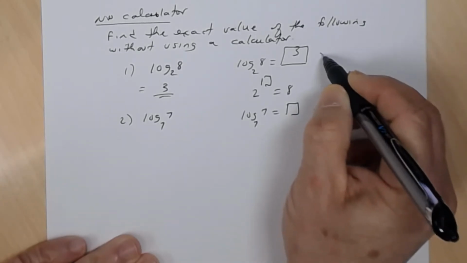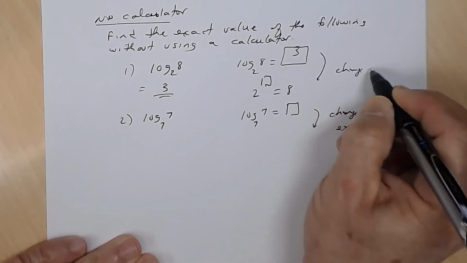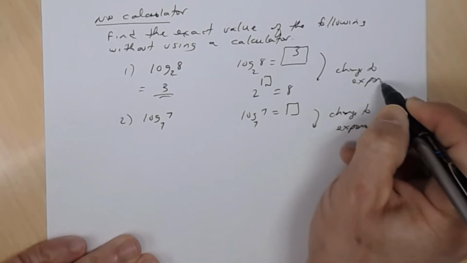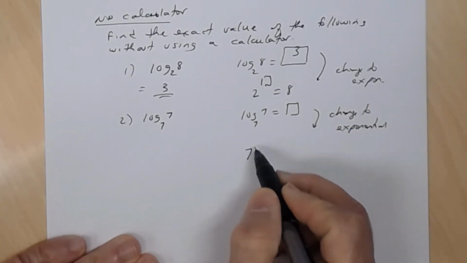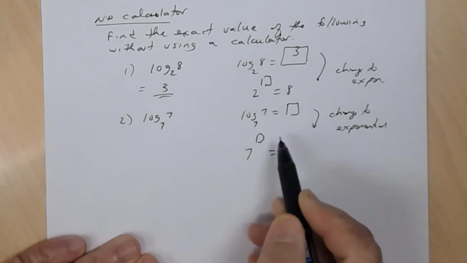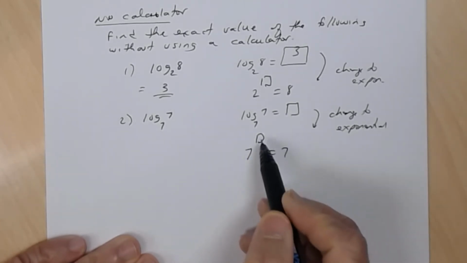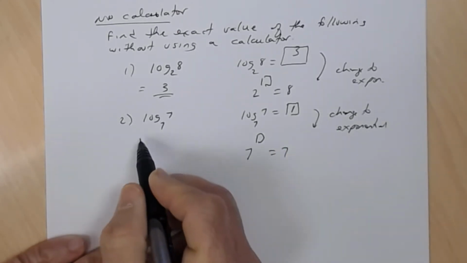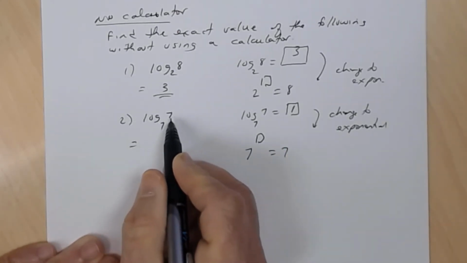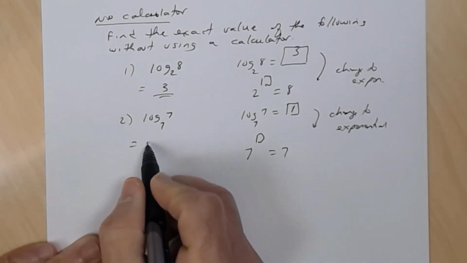So the same thing we do here. The base is 7, so 7 to the box equals 7. Now think, 7 to what power is 7? 7 to what power is itself? It's 1, right? So the log of 7 base 7 is 1.